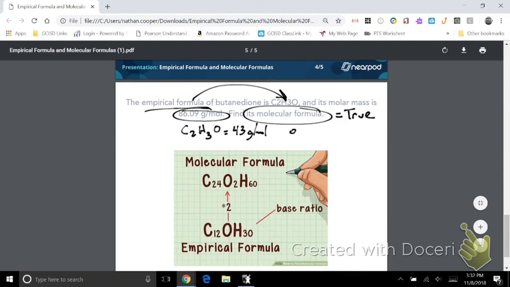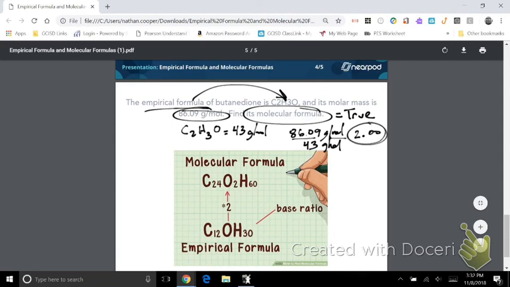You're going to take the molecular mass stated in the question, which is 86.09 grams per mole, and divide it by the empirical mass that you just calculated. When you divide 86.09 by 43, you get 2.00 in your calculator, and there are some other numbers, and that's okay. We know that this molecule is actually 2 times as large, so you're going to multiply everything.